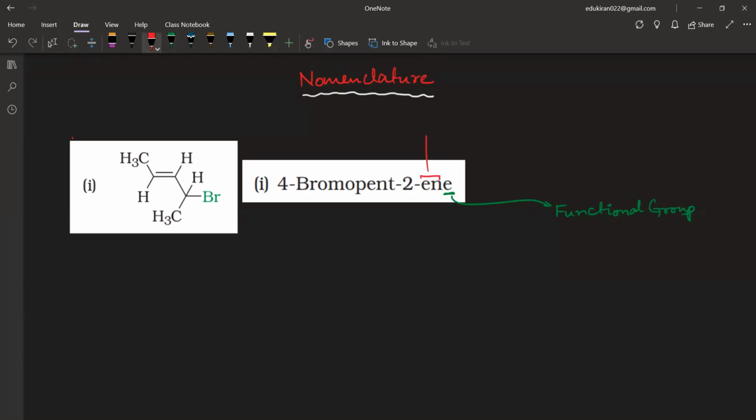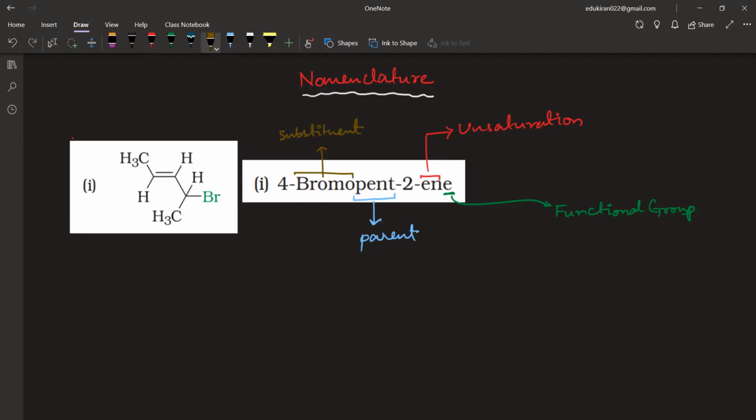This comes under the heading that I call unsaturation. Then we have a parent, that is the pent here. We call this parent. And then we have a group that is named bromo. Bromo is my substituent.